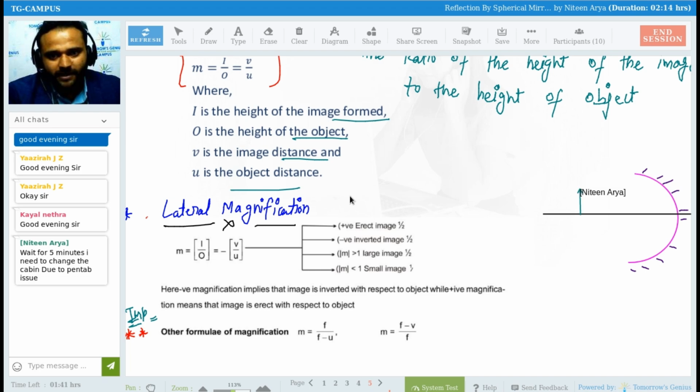If this is the height of an object and that is the height of the image, so as you can see clearly, that is I and that is O, and they are pinpoint. Pinpoint means simply standing. But instead of that, I can draw this one also.